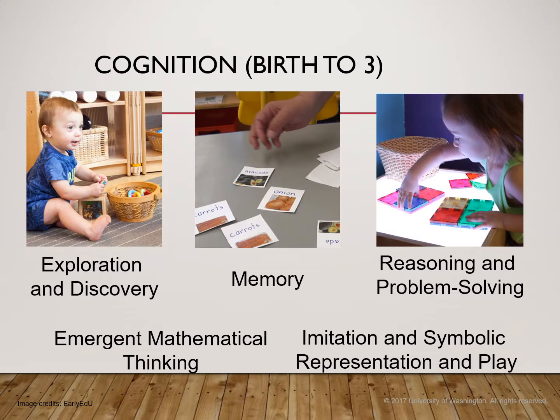The next domain is the cognition domain. The cognition domain focuses on the development of reasoning, memory, problem solving, and thinking skills. This domain has these subdomains for infants and toddlers: exploration and discovery, memory, reasoning and problem solving, emergent mathematical thinking, and imitation and symbolic representation and play.